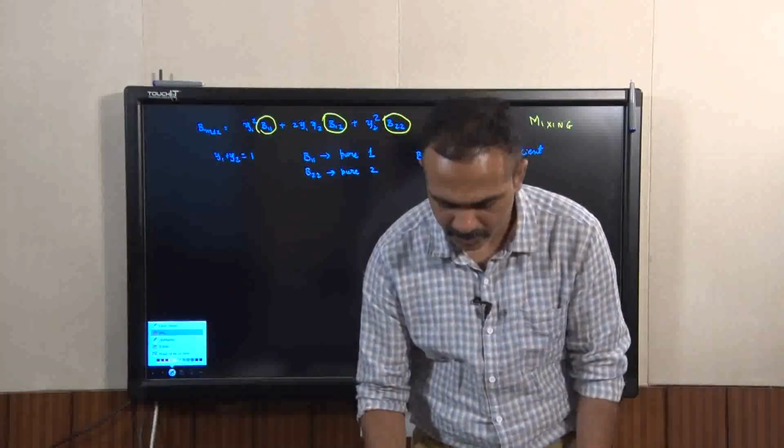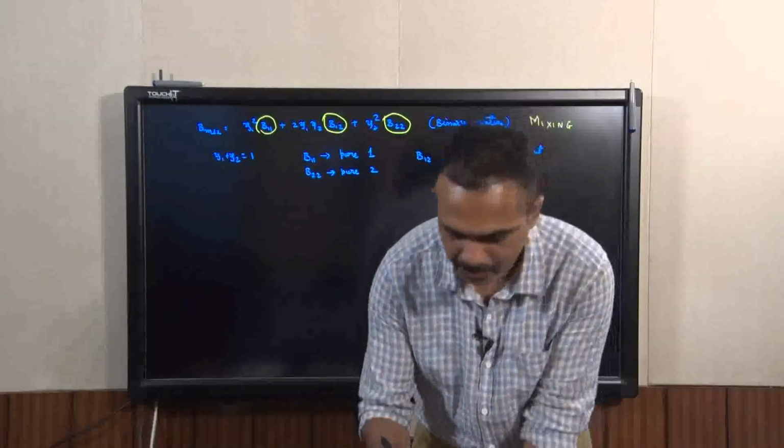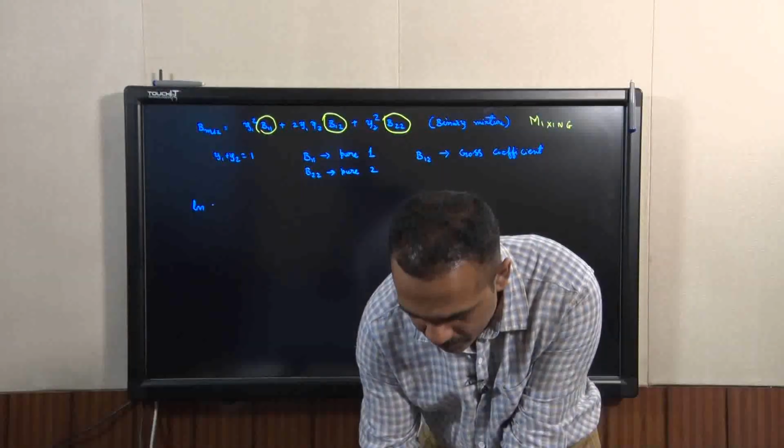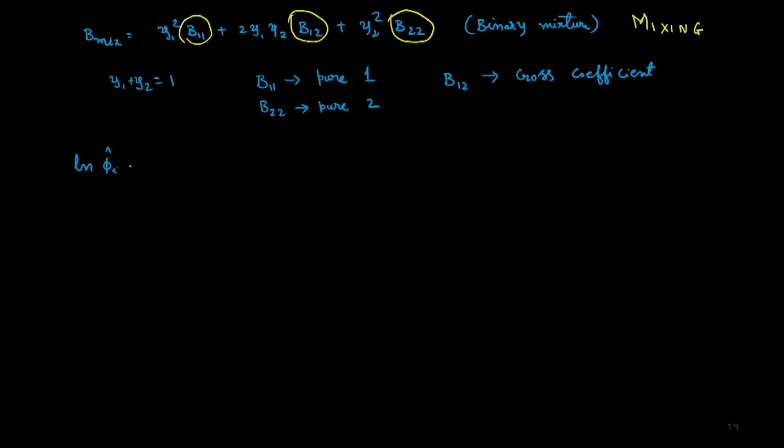Remember that ln phi i hat is Gi bar R over RT. So this is the derivative of NGR by RT with respect to Ni at P, T and Nj.